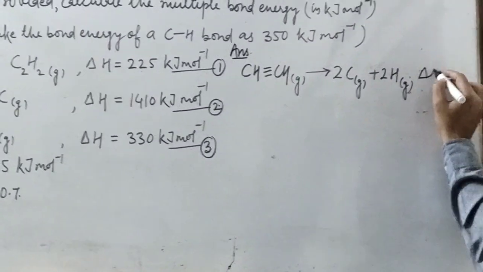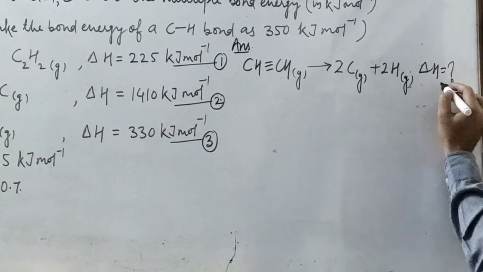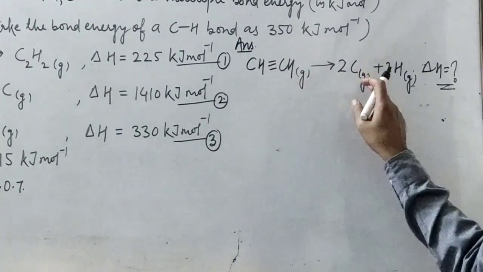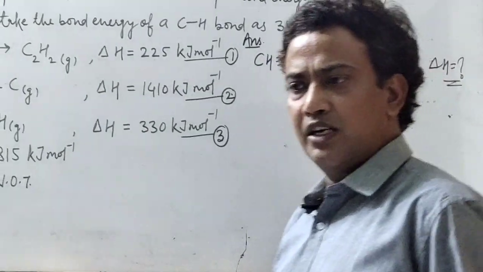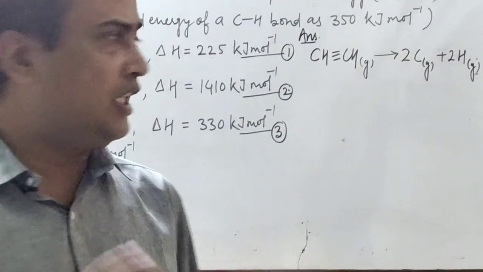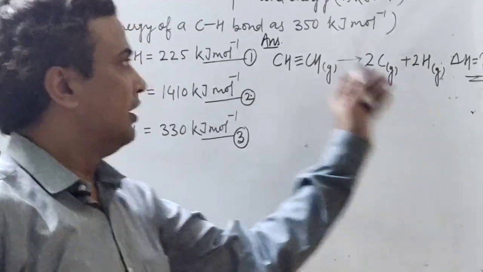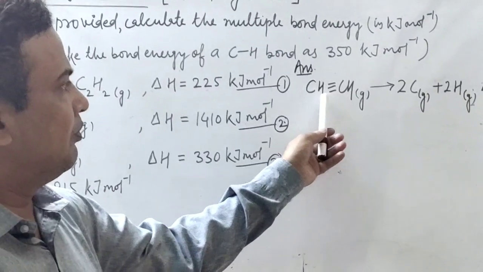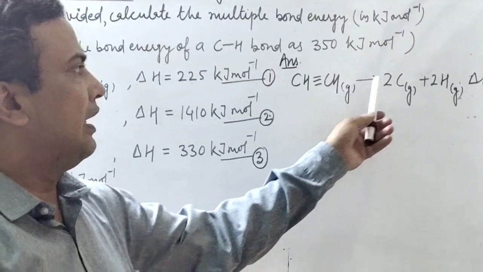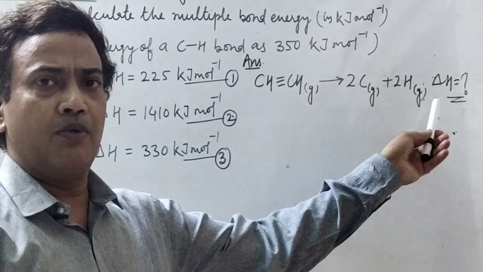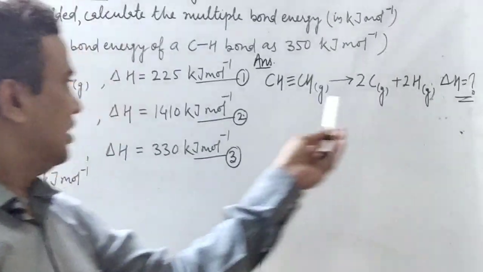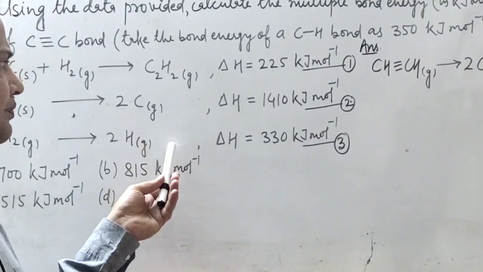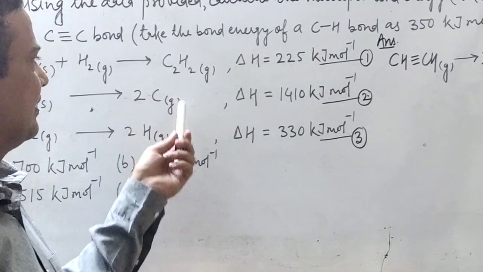For that, delta H is required. Delta H is required for this reaction. In this reaction, C triple bond C is being cleaved as well as 2 CH bonds are being cleaved. Do remember, when bond is being broken, atoms are obtained always in gaseous state. You require delta H for this reaction using these 3 reactions. Now check these 3 reactions.